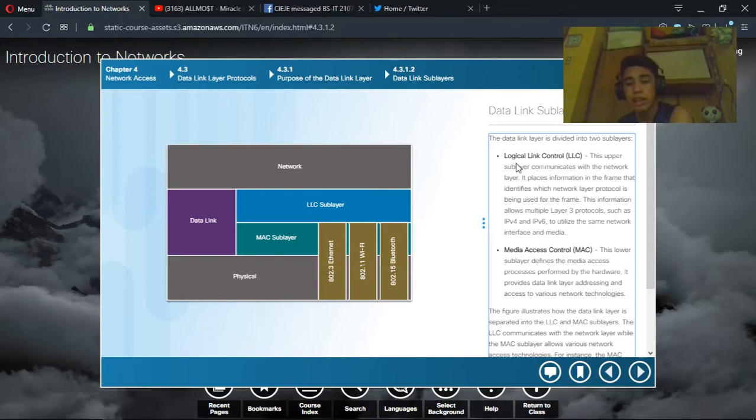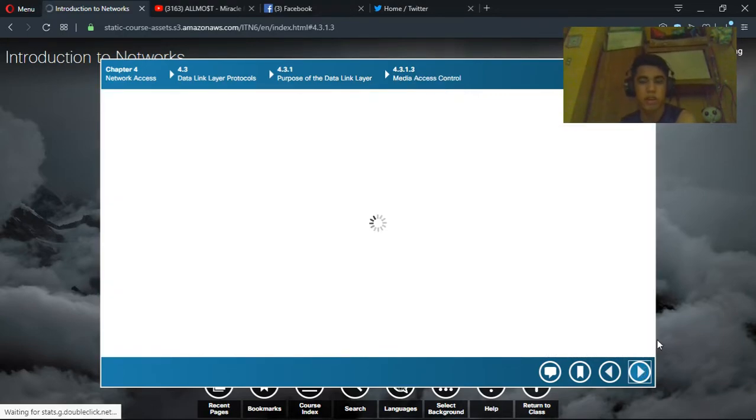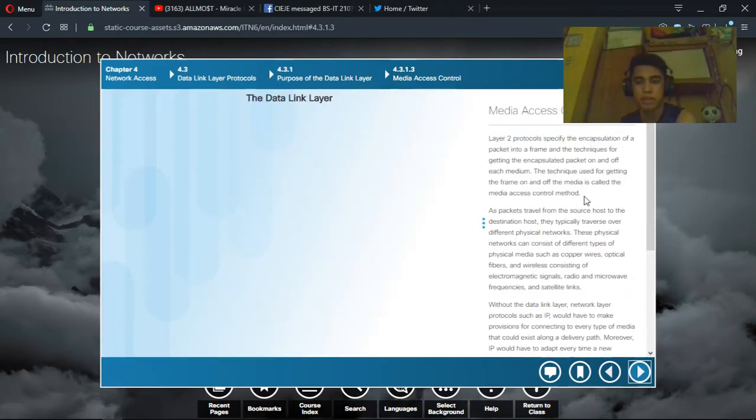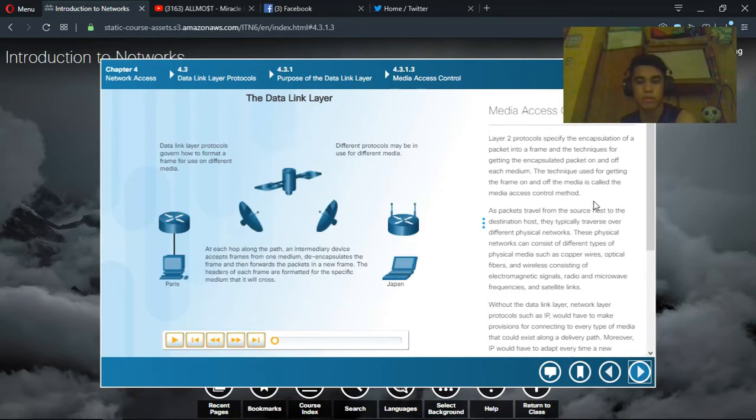Then the logical link control, or LLC, is on the upper layer of the data link. They are both in the data link, but the LLC is more associated with IPs.